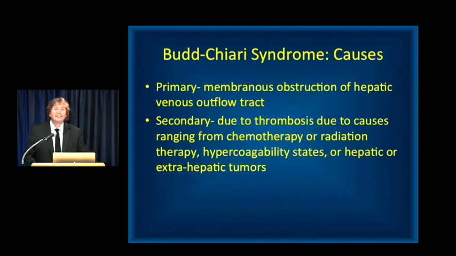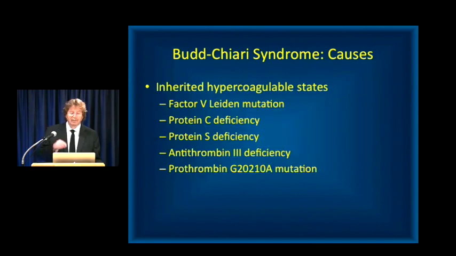The causes, the primary cause is membranous obstruction of the hepatic venous outflow tract, and the secondary causes are due to thrombosis of vessels due to causes ranging from chemotherapy or radiation therapy to hypocoagulability states or hepatic or extrahepatic tumors. But the one we typically think about is primary Budd-Chiari. Some of the causes: inherited hypocoagulability states from factor V through protein C and S deficiencies.